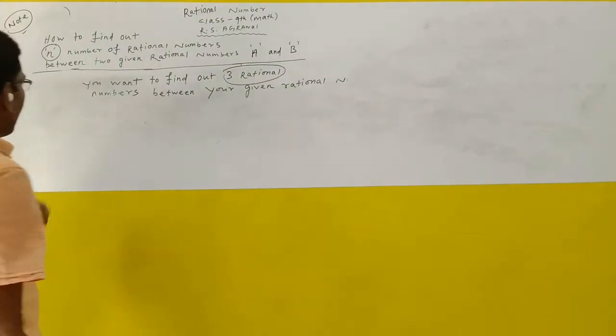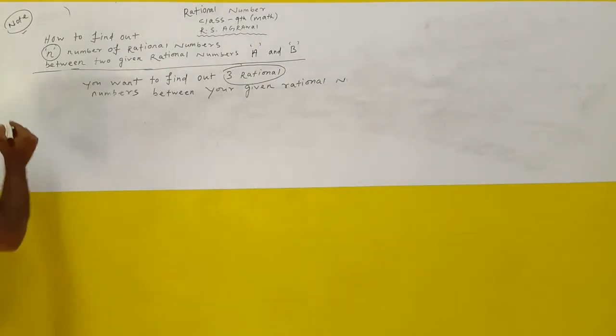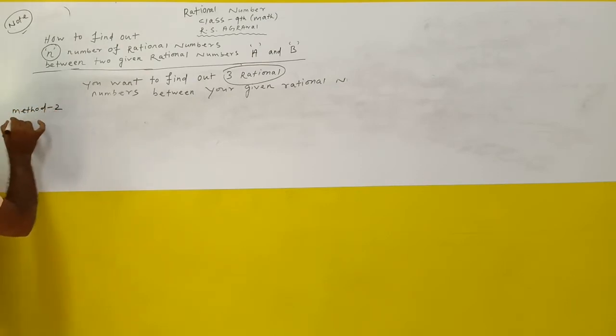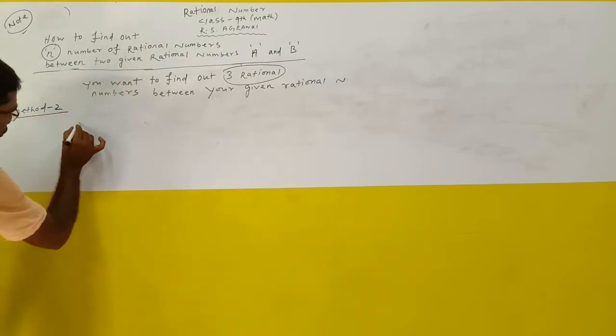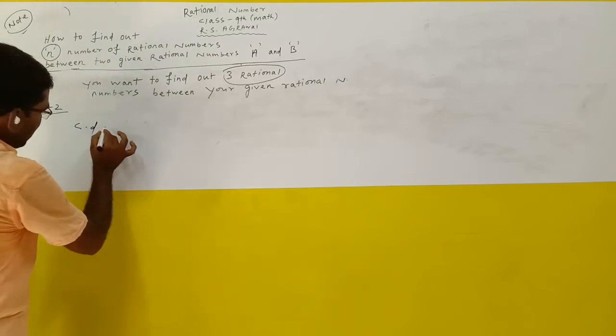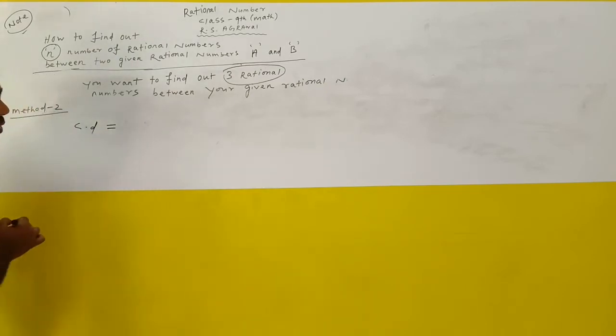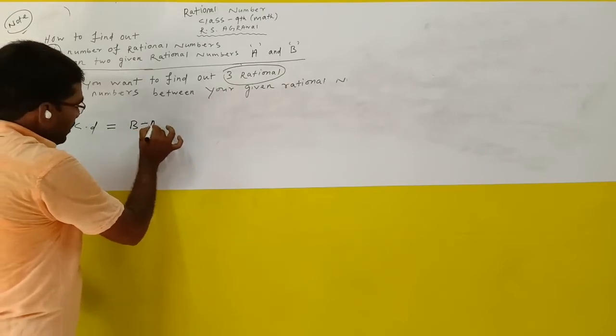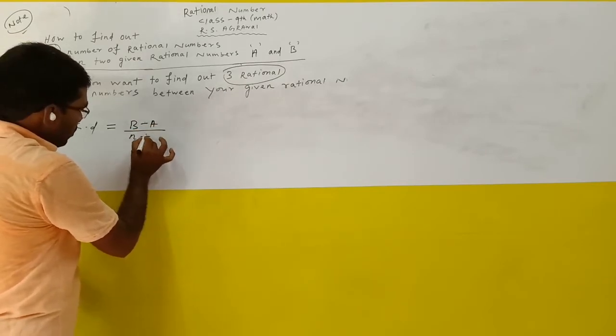So, while you go through method 2, first you will need to find the common difference, that is CD, and it is equal to (b minus a) divided by (n plus 1).